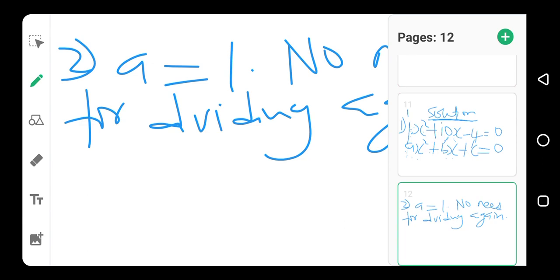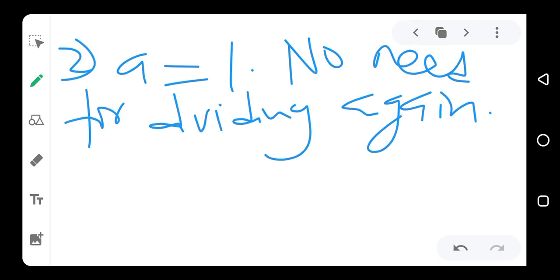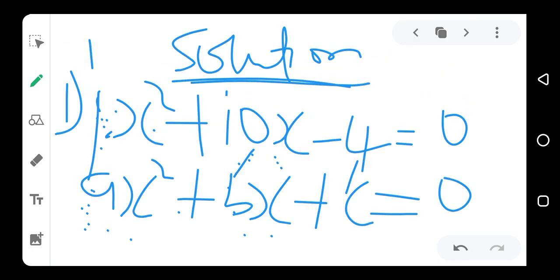Now step 3. The step 3 is to take the value of c to the right hand side. Now what is the value of c? Our c is minus 4. We move it to the right hand side. Moving it to the right hand side, it is minus. If it is going to the other side, it will become plus. So we have step 3.